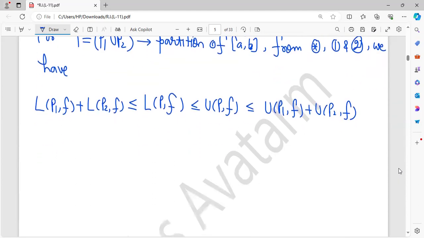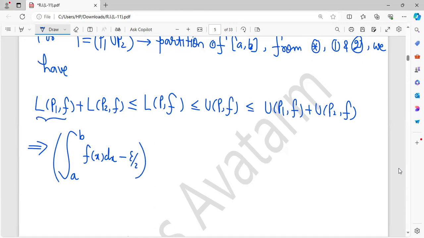So what will we have? This implies the integral from a to b of f(x) dx minus epsilon by 2, because this part is less than this, and this part is also less than this.